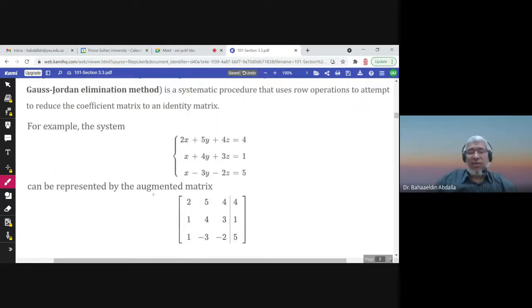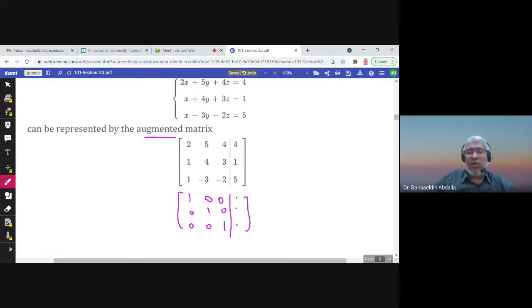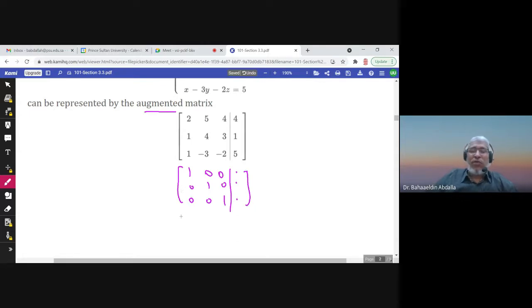This is the augmented matrix of the system. What to do with this augmented matrix to change it to the required form? We need 1 0 0, 0 1 0, 0 0 1, and what would happen in the last column we don't know. So this will give you the steps you need to follow.